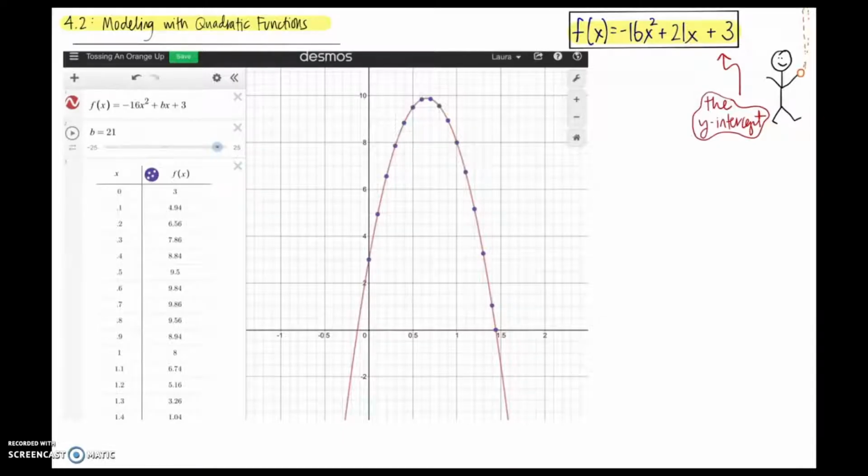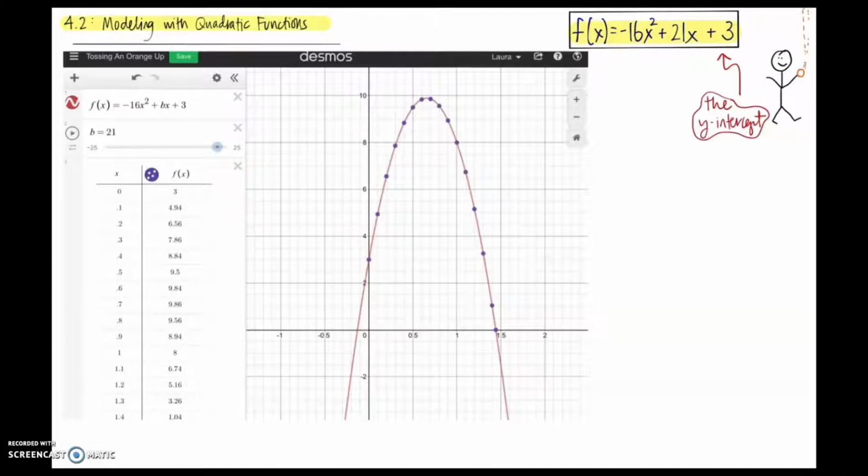So what we just saw was this number right here, which is 21 in our original problem. This is representing the initial rate of change when x is at 0. So whereas this number represents the actual y-intercept, this number represents how the function is changing at that y-intercept.